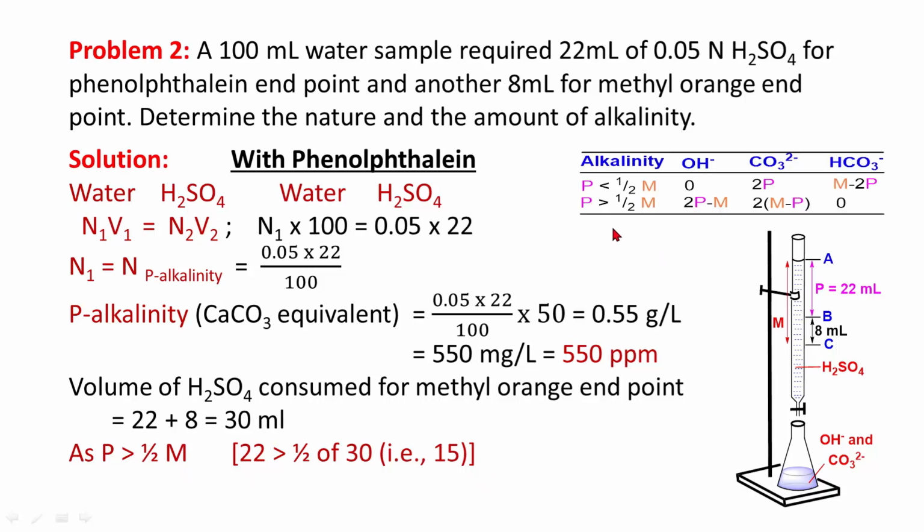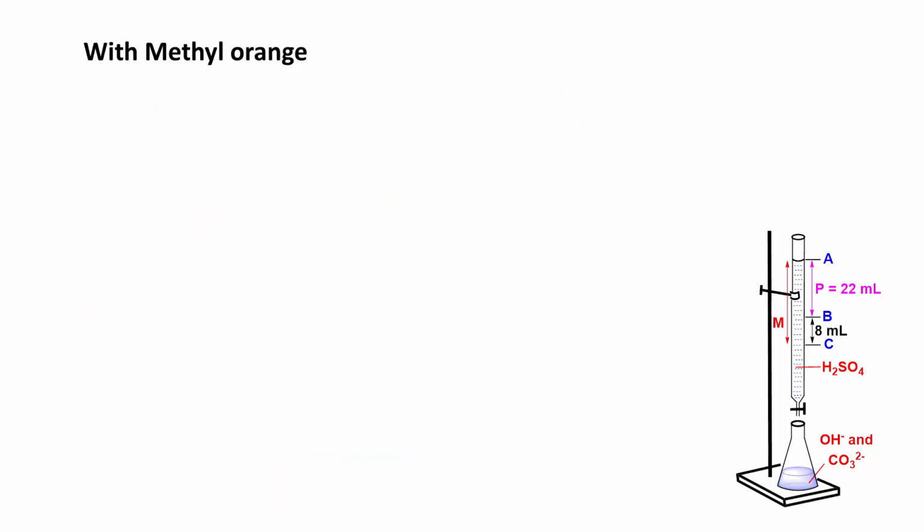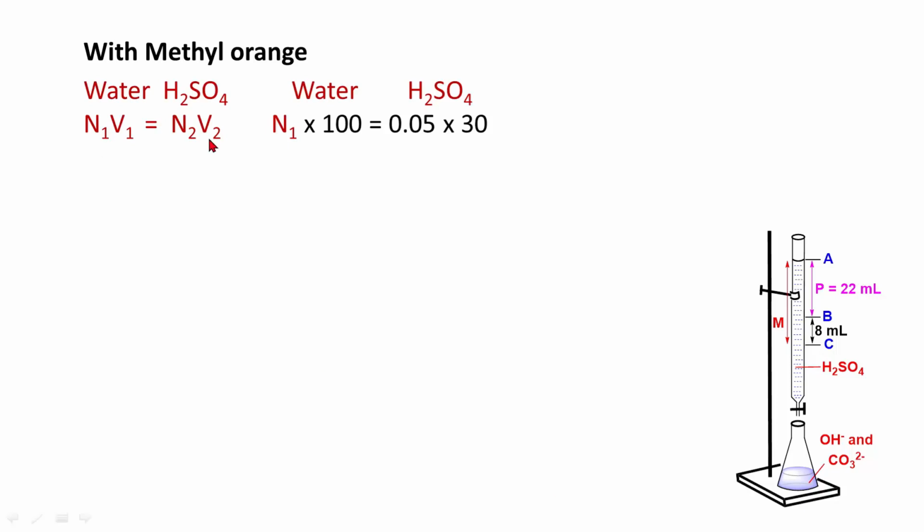For P greater than half M, we have hydroxyl ions and carbonate ions in the solution. So alkalinity is due to both hydroxyl and carbonate ions. With methyl orange indicator, we can apply the normality equation and find out N1.